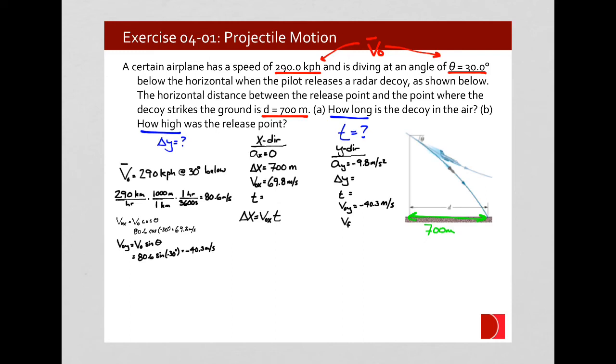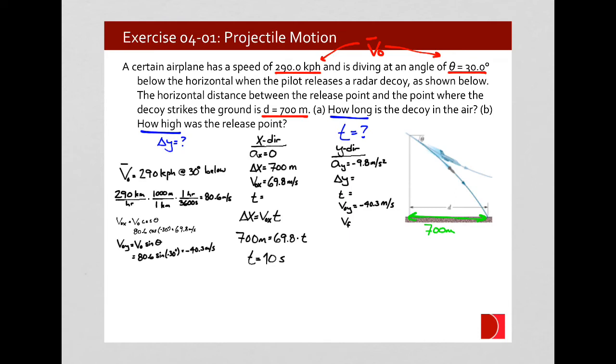So right here we'll look at 700 meters is our displacement in the x direction, is equal to 69.8 meters per second times time. And we find that the time is 10 seconds that we're in the air.